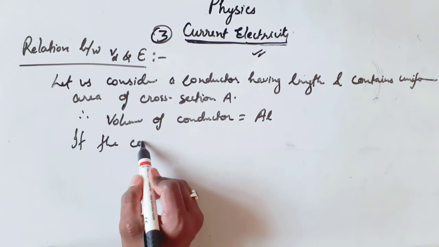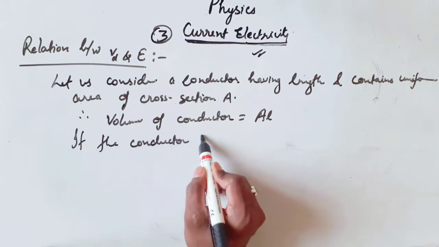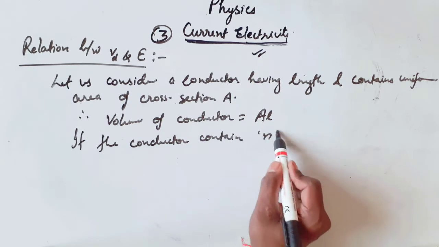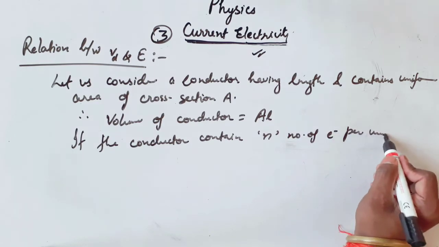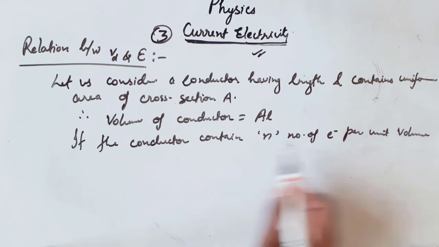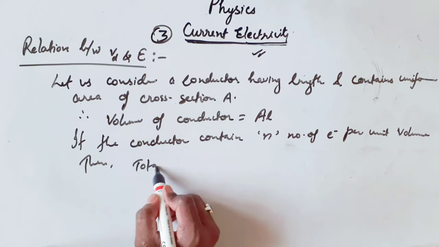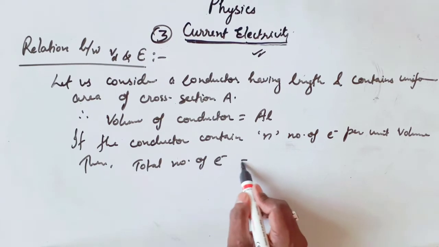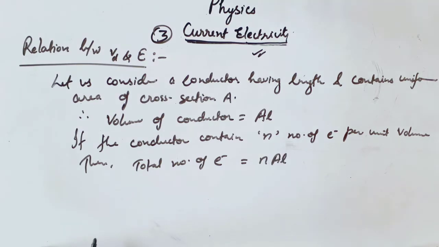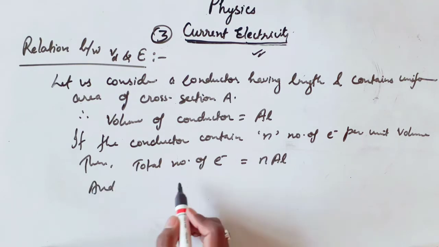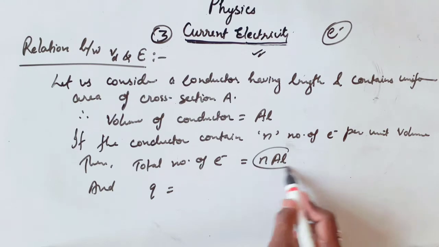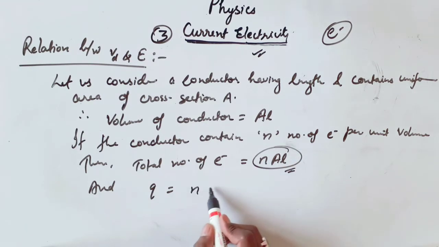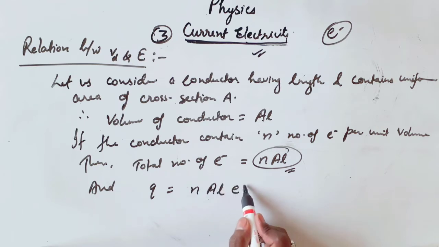If the conductor contains n number of electrons per unit volume, then the total number of electrons will be equal to n into A into L. The charge on one electron is e, so the total charge contained by the conductor will be n into A into L into e.